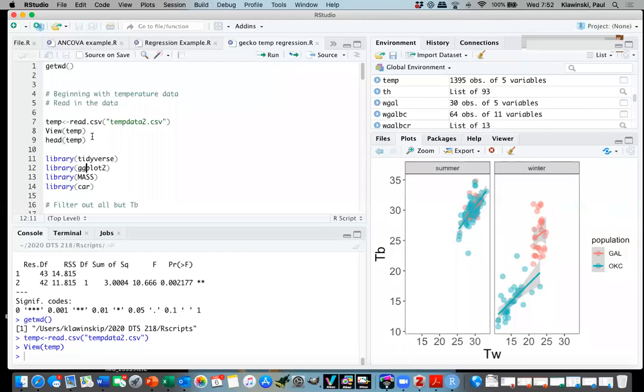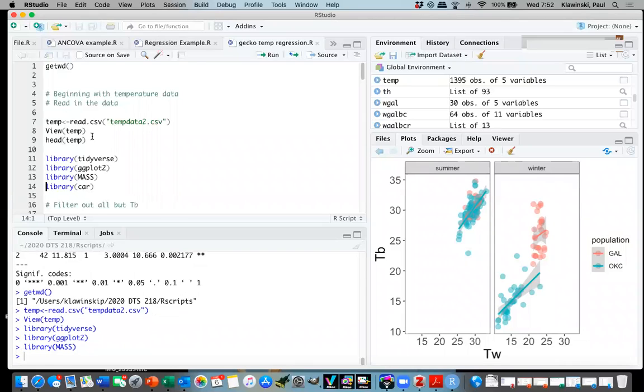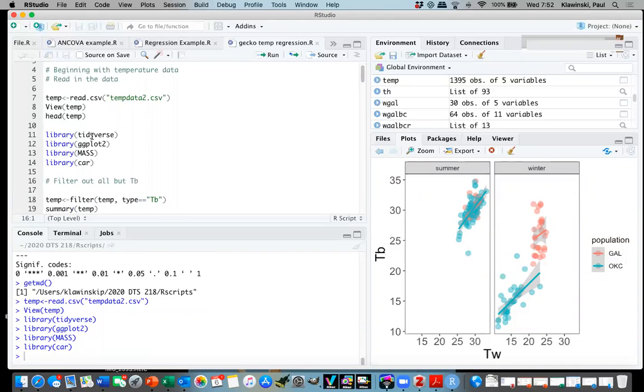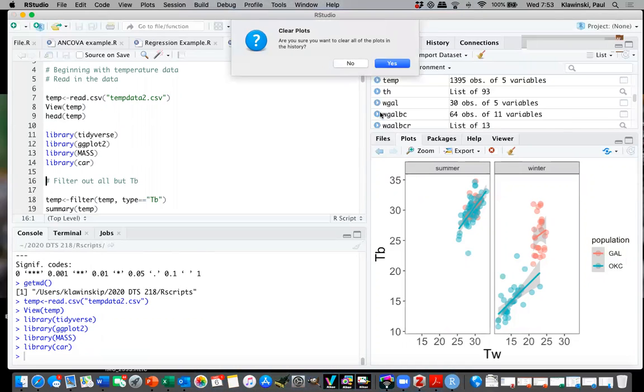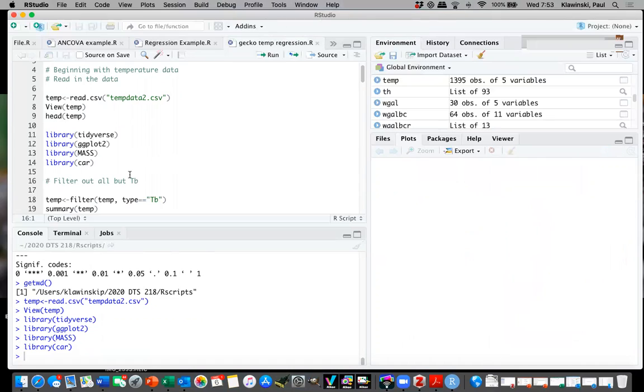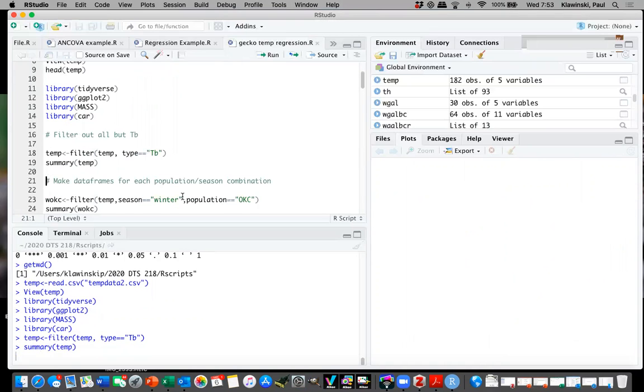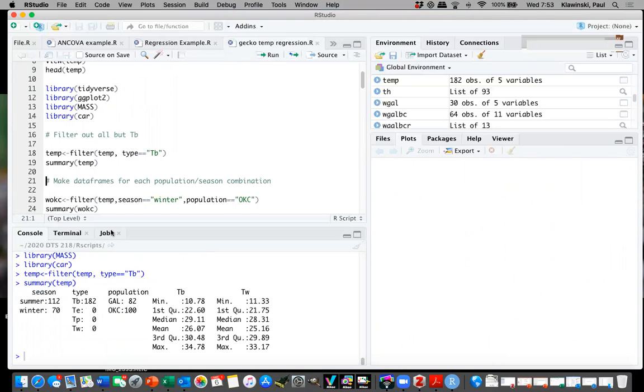I'll need tidyverse for that, but I might as well load all of my packages. Then the first thing I want to do is filter it so that there's just temperature data from the body temperature.